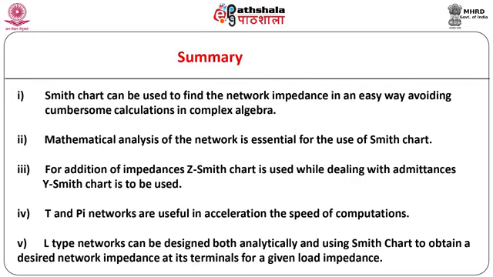The distances along the transmission line can be measured in terms of wavelengths by using the fourth circle towards the generator and towards the load. That is the point which you have to note while measuring the distances. These distances are measured in terms of wavelength.